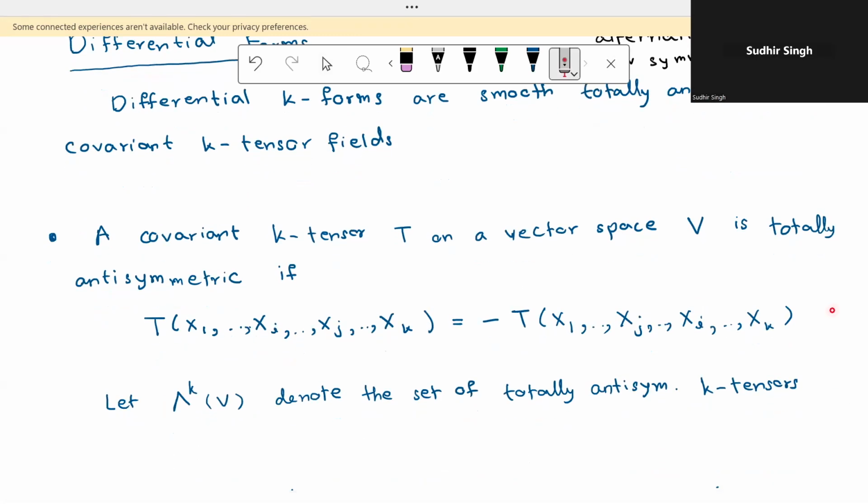And I will use this symbol, capital lambda K V, to denote the set of totally antisymmetric K tensors.